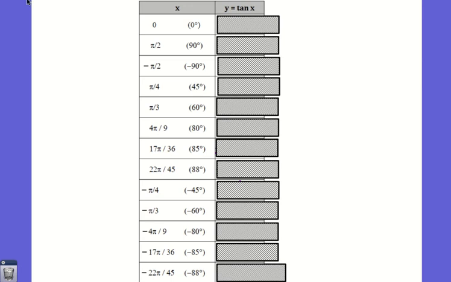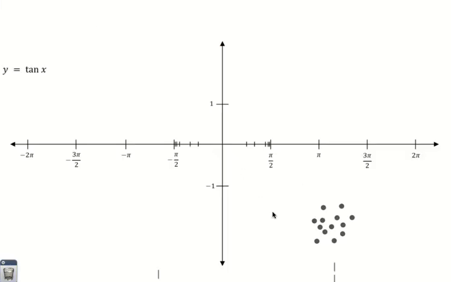All right, hopefully you've attempted that. And so when you plug in 0 radians, so y equals the tangent of 0, you should get 0. So that means the point (0, 0) should be on our tangent graph, okay?